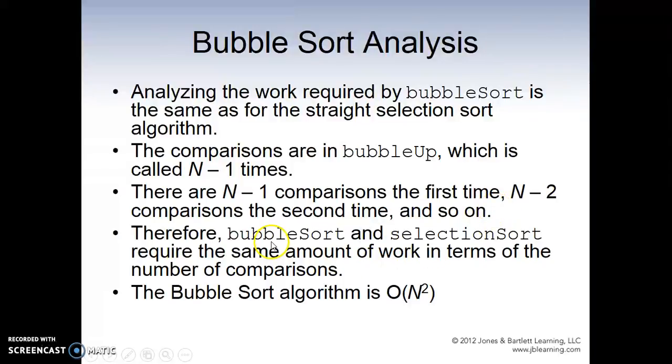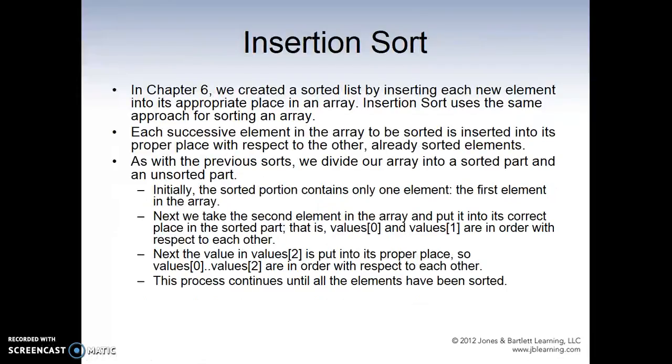So therefore, BubbleSort and selection sort require the same amount of work in terms of the number of comparisons. Then if you add these comparisons, you get an arithmetic series, which is going to give you n squared as efficiency. So the next technique we call insertion sort.